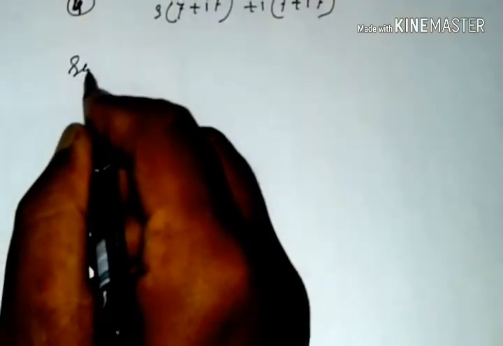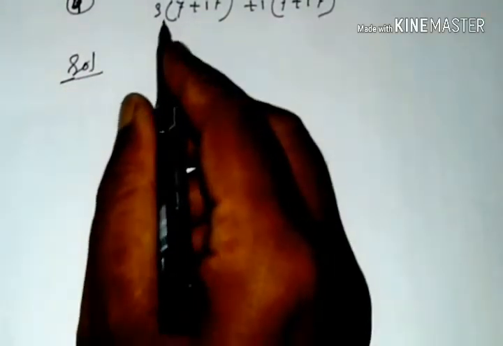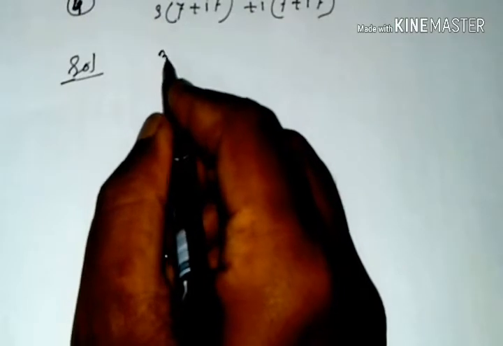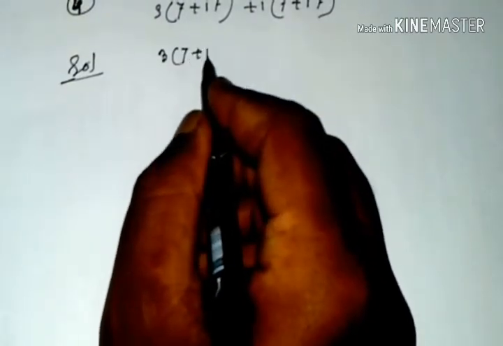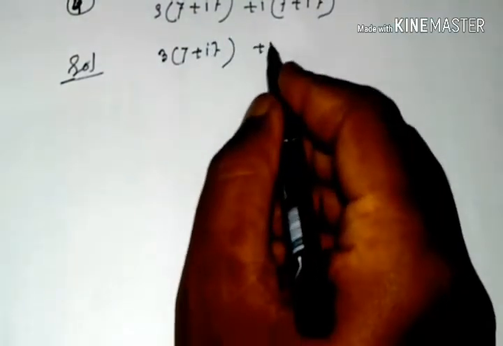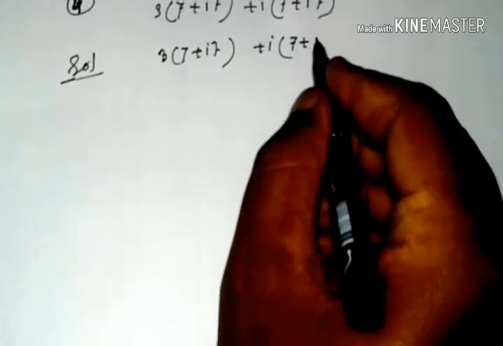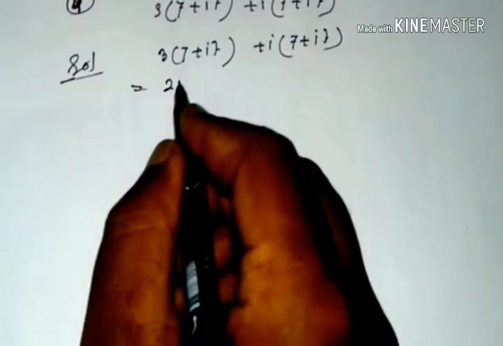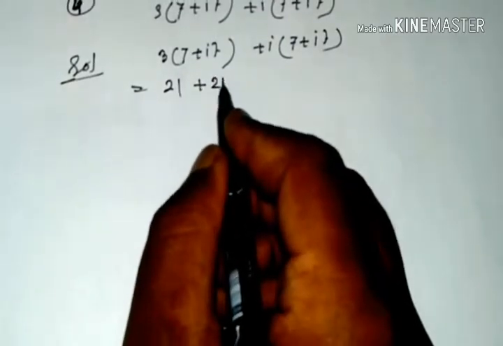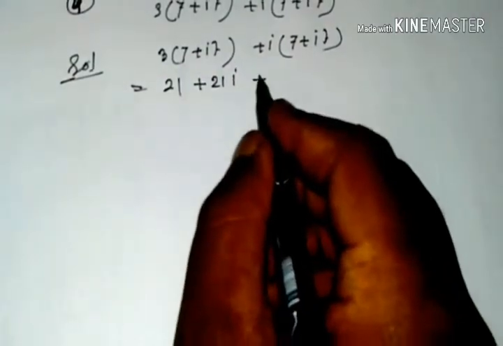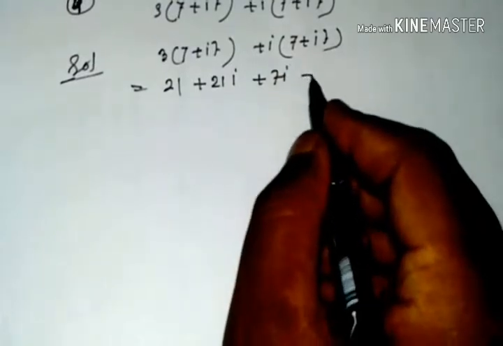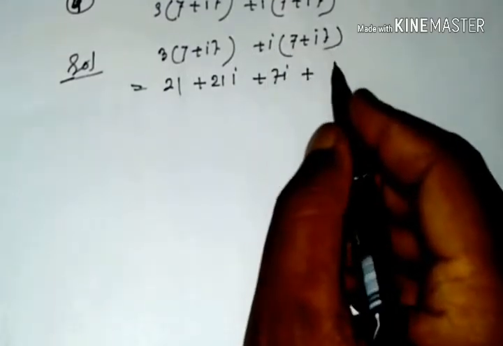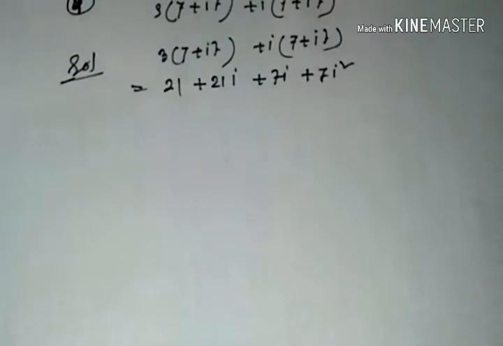Solution: there is 3i into 7 plus i7, and i into 7 plus i7. If we multiply it, 21i, and 7i, and i7 i square.